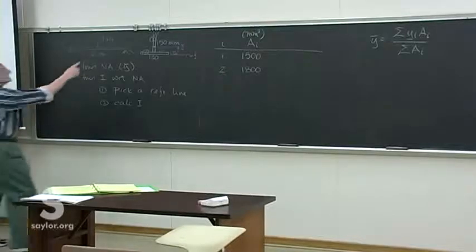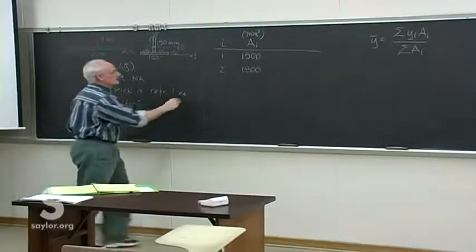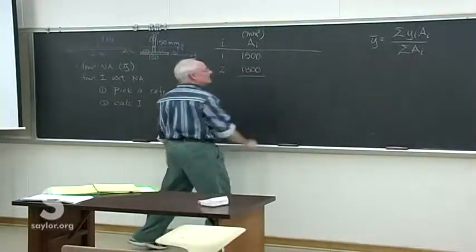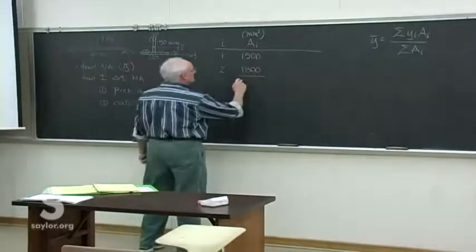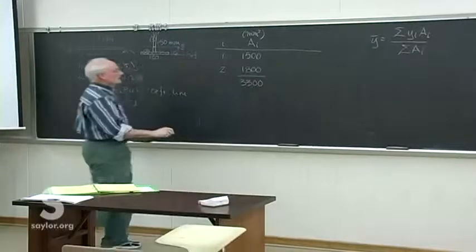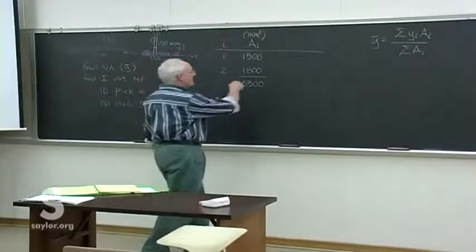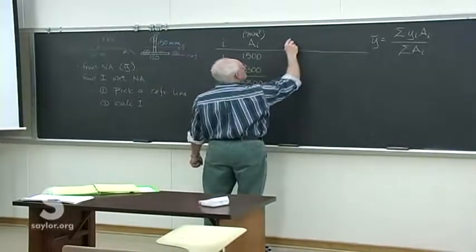That's just looking at the chart, figuring out what these individual areas are right off the table. And then I'm going to need the sum of those areas for the denominator. So what is that? 3,300 square millimeters. That there, as easy as could be, is my denominator.